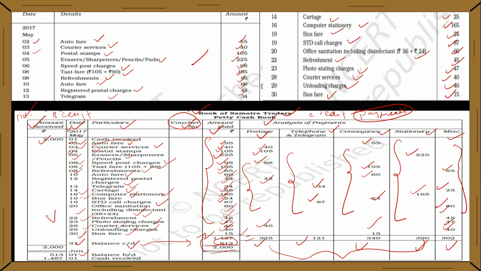On 1st June, balance brought down onto the amount received column is 513. Now we should maintain a balance of how much? 2000 rupees. So on the 1st of June you receive cash 1487. These two together will give 2000 rupees. That is your imprest cash.